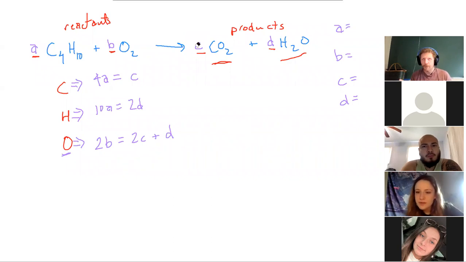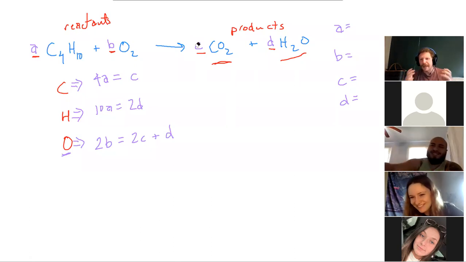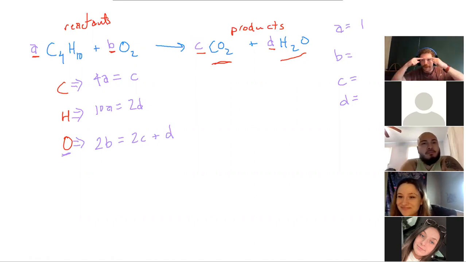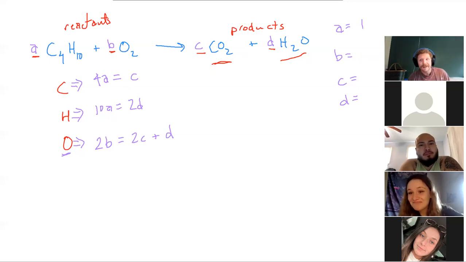Now, this is the part where it's kind of a metaphor for life. We've got to take a leap of faith here. And that leap of faith is we're going to say A is equal to 1. Now, I saw 2 people's eyebrows go up, where they just thought, what?